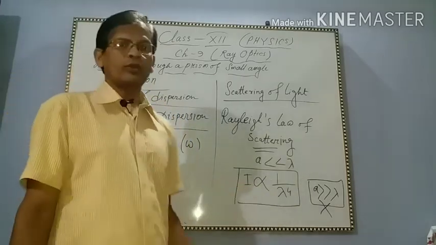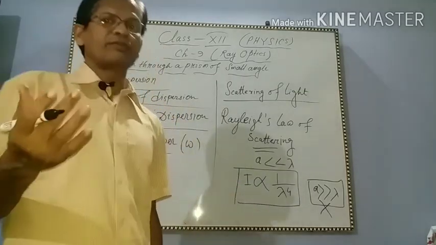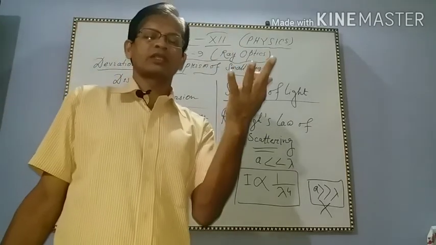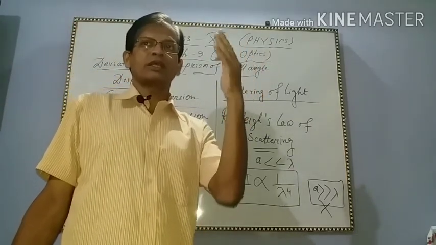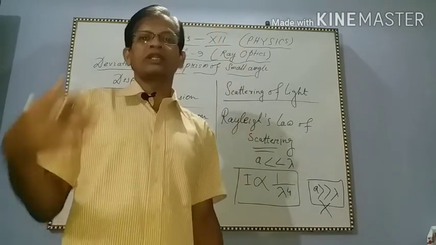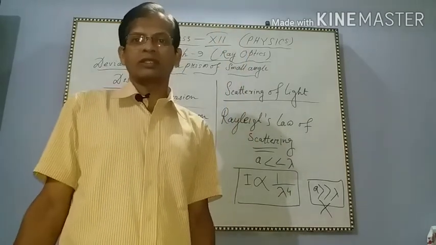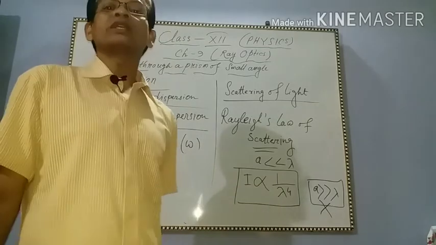By this law, we can explain why the sky is blue, why the sky is red at the time of sunrise and sunset, why the danger signal is red, and so on. Why is the sky blue?